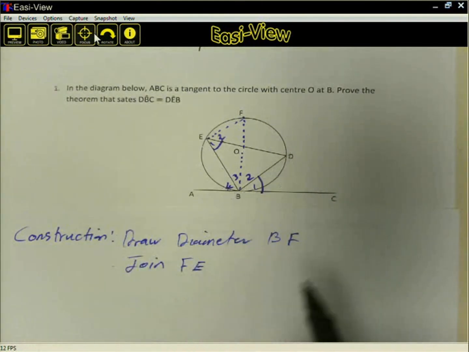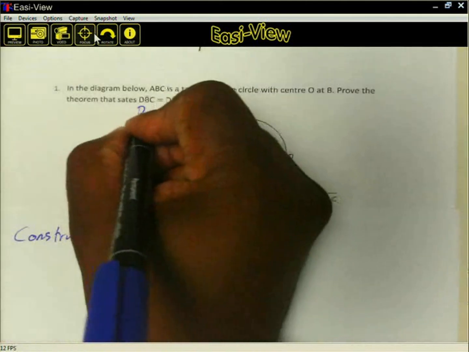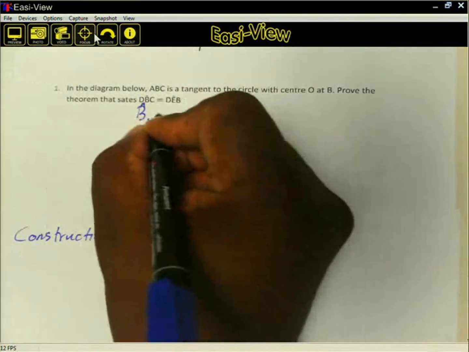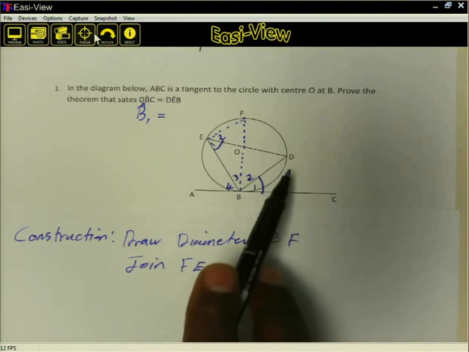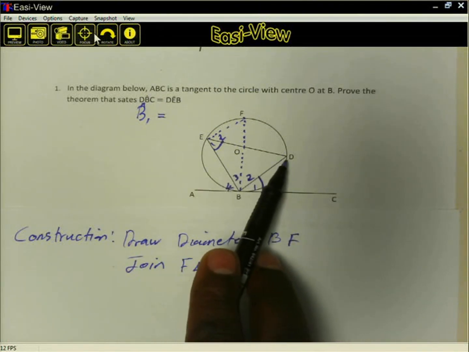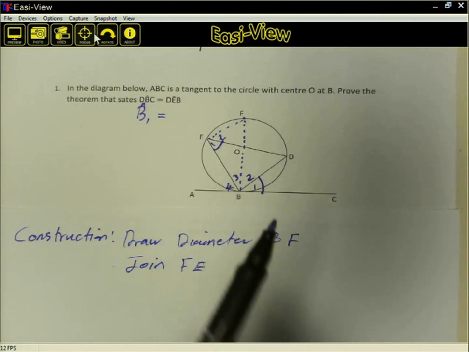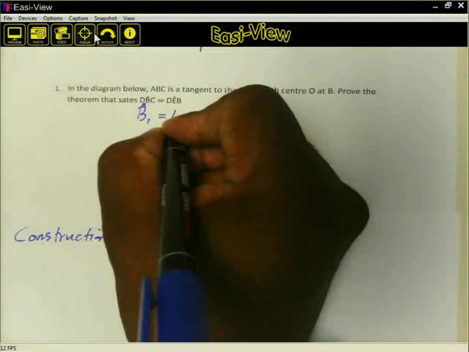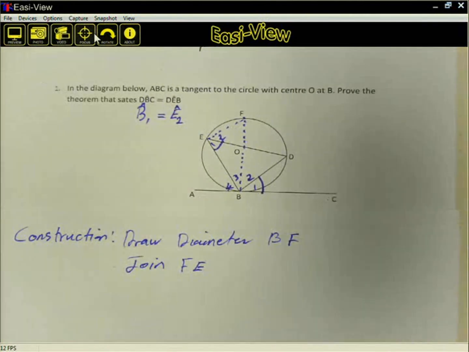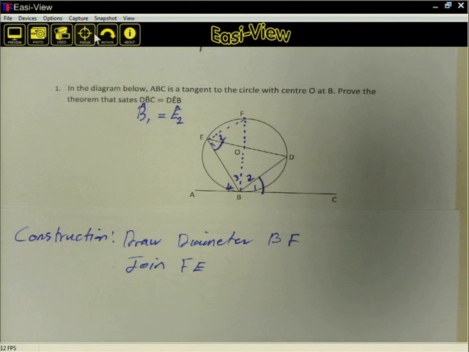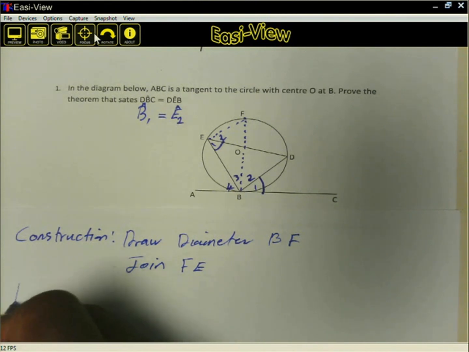Basically, DBC is our angle B1. We've got to prove that angle B1 is equal to DEB, which is angle E2. We've got to prove that angle B1 is equal to angle E2.